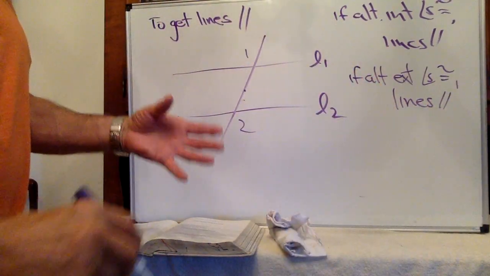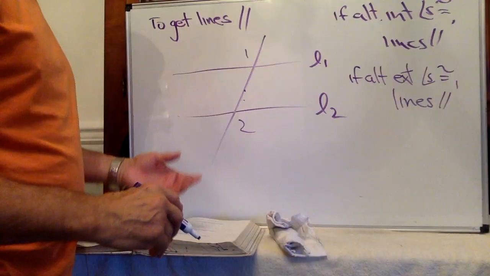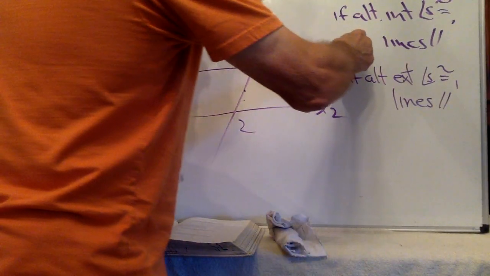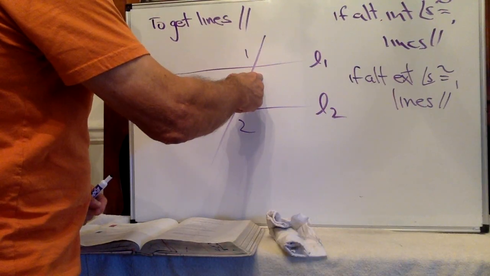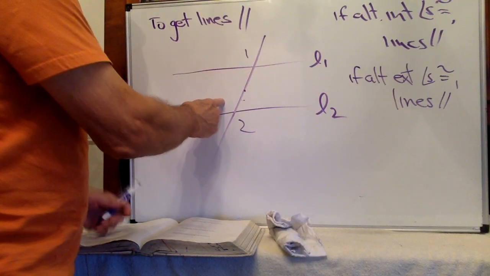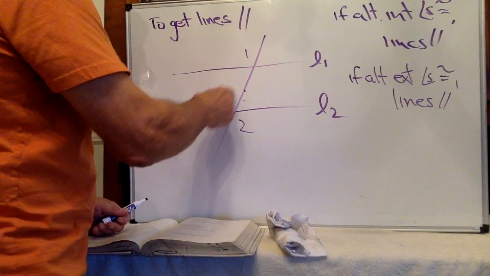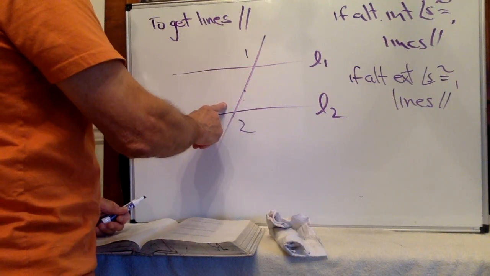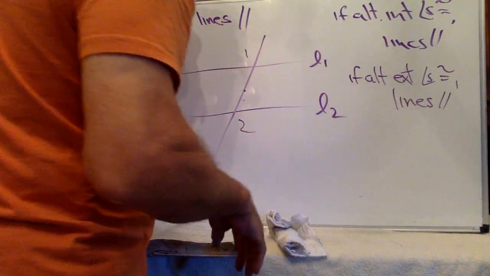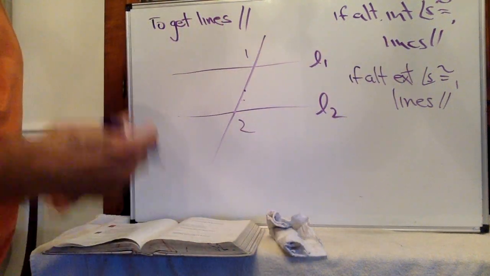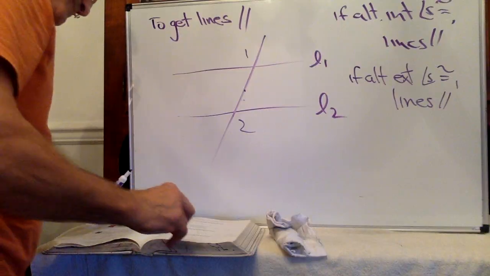If alternate exterior angles are congruent, lines are parallel. And you can use the theorem before it to prove this one. 1 and that angle are congruent, 2 and that angle are congruent. Vertical angle theorem, transitive property or substitution makes those two congruent. Therefore, you have alternate interior angles congruent, then lines are parallel.